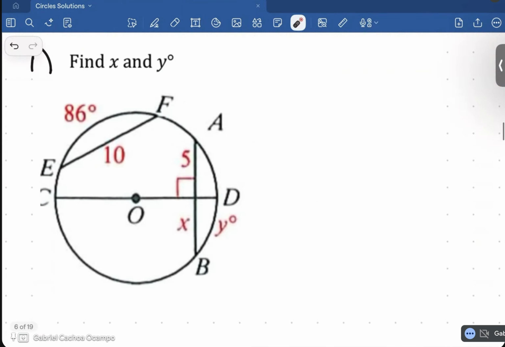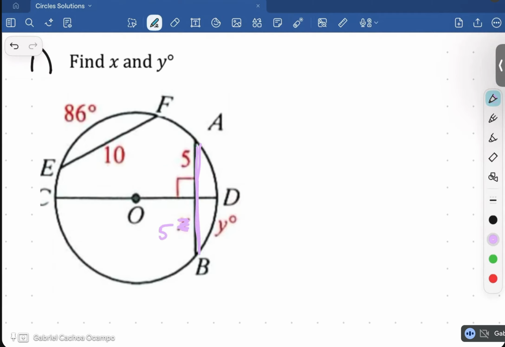Here, let's see. So here I have a diameter that is perpendicular. That means that this diameter, because it is cutting perpendicularly, it is cutting in half. So that means that this measures 5. So this measures 5. Okay, now look.